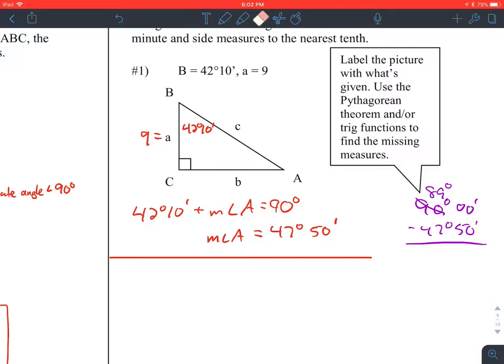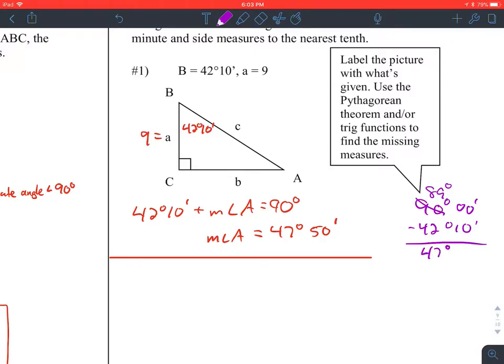Pardon me, I wrote that down wrong. It's supposed to be subtracting 42 degrees, 10 minutes. So I'm subtracting this from both sides. 42 subtracted from 89. Oh, I got a cramp in my foot. It hurts so bad.